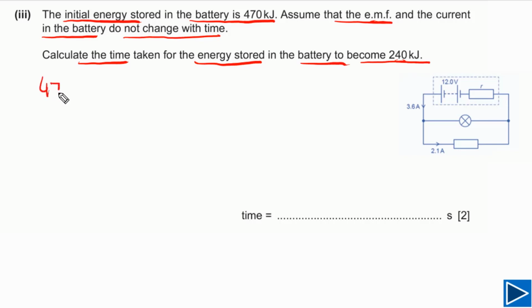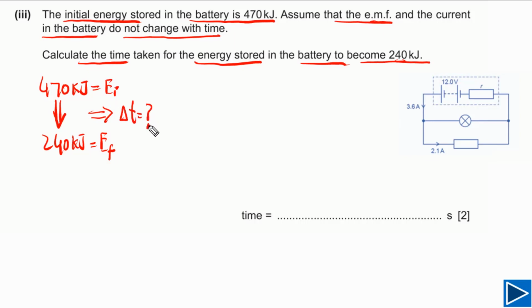The question is asking about the initial energy of the power supply, E initial, and then it decreases to 240 kilojoules, which is the final energy. The question is asking what the time taken is, which means we need to find the value of delta T.